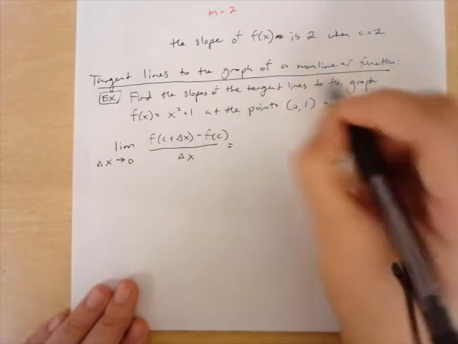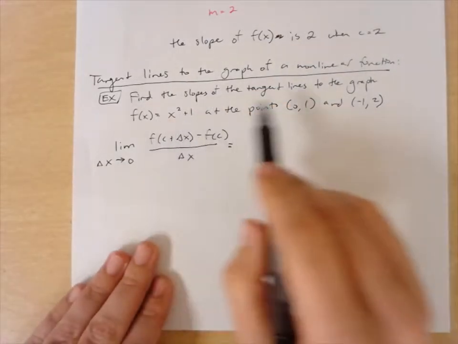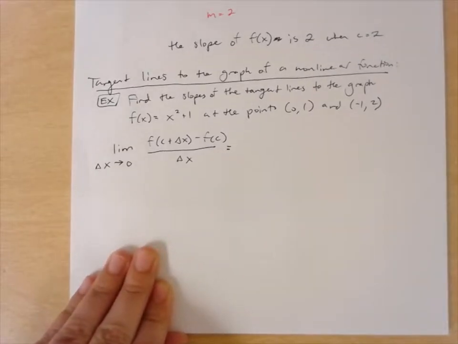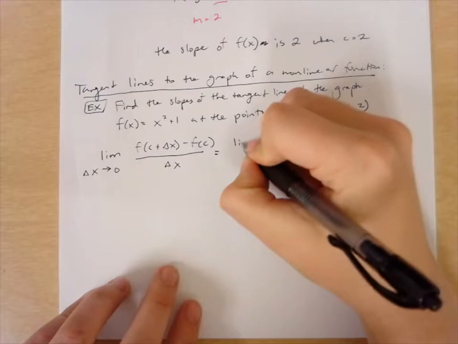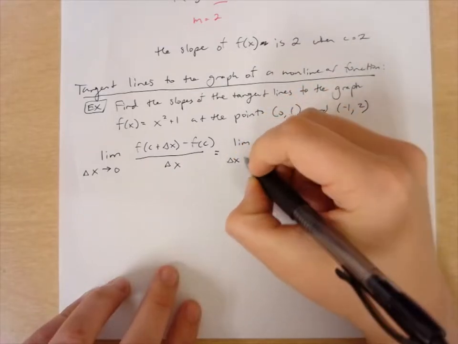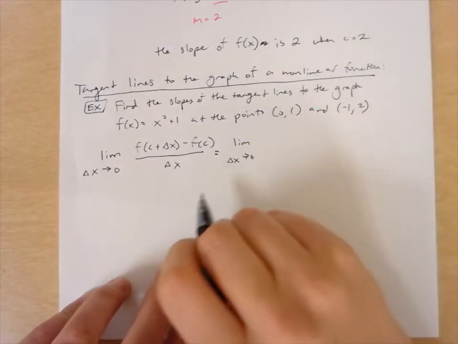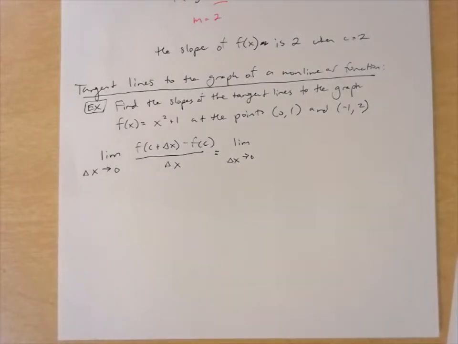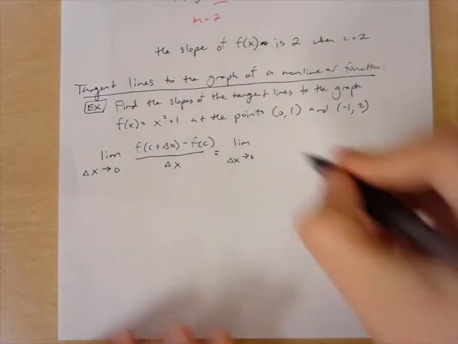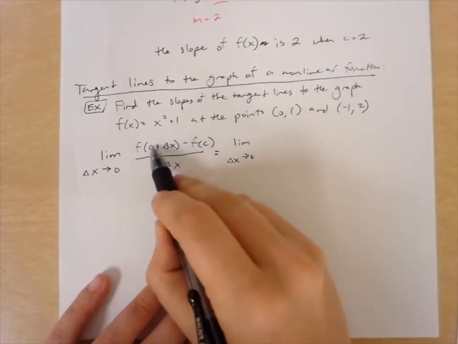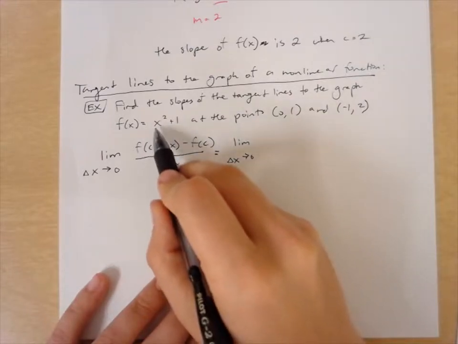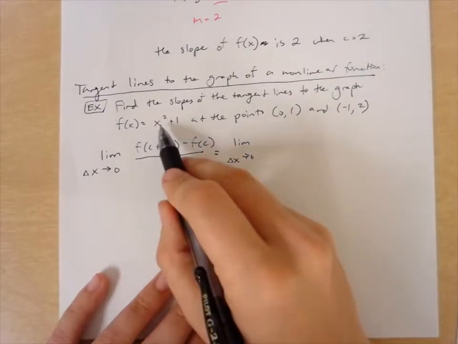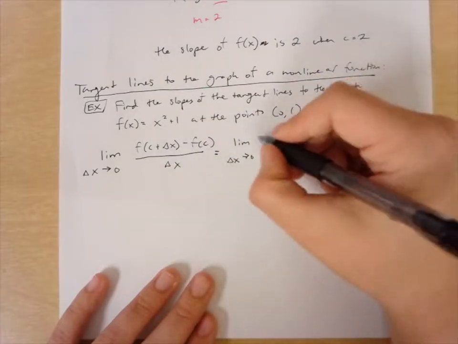And what we are going to do is take this f of x and use that to substitute in here. So we're going to say the limit as change of x approaches 0, and then this piece, the c plus the change of x, is our x, so we're going to substitute that in for x, make that part squared, and then add 1. And here's what that looks like.